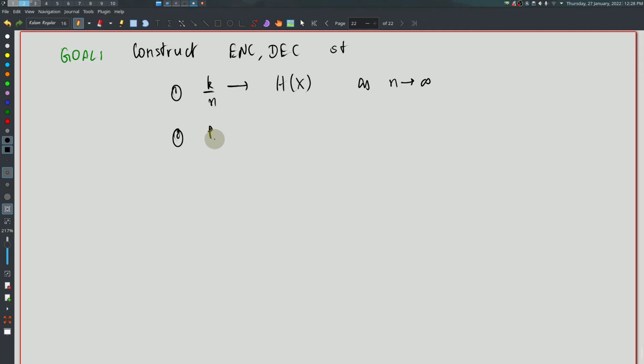Second, the probability of error, which is the probability that x hat n is not equal to x n, tends to 0 as n tends to infinity. Okay, so this is our goal.